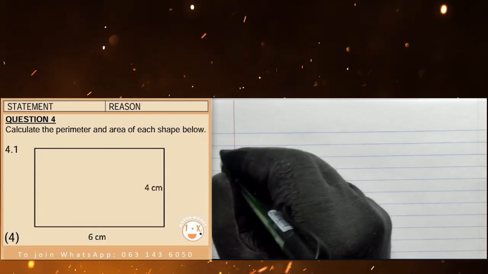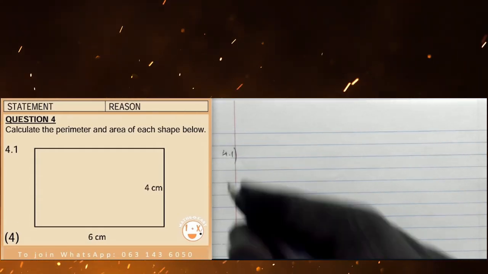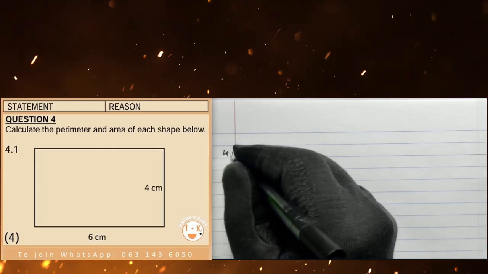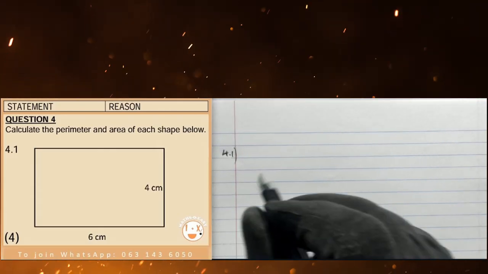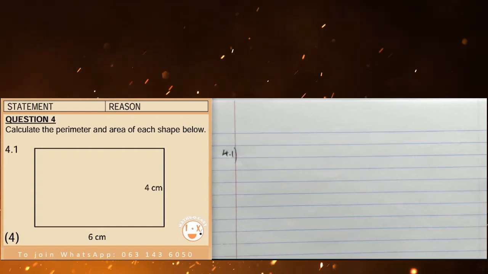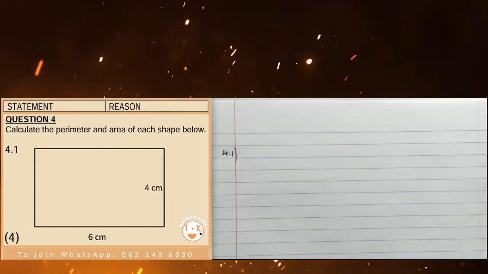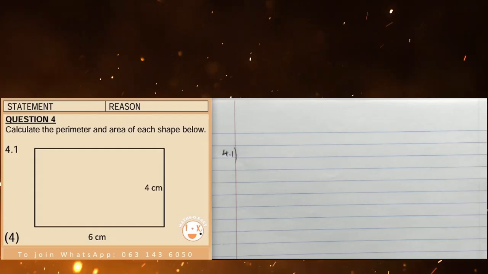By the time you get here, you are celebrating because everything is in the bag, isn't it? You're saying, examiner, this one I like. As I start this one, I am thinking that in your exams, perimeter and area are not that difficult.